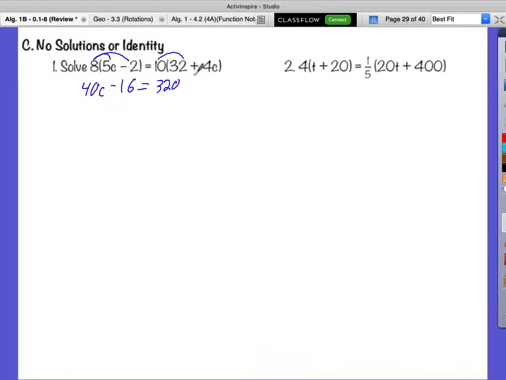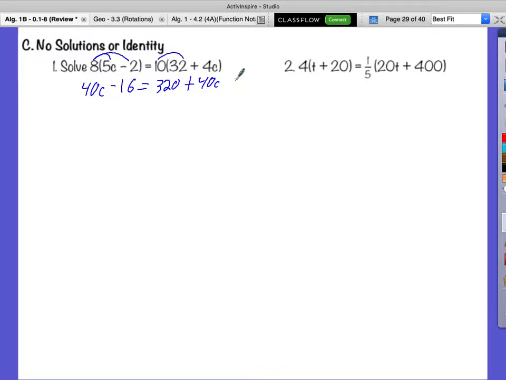Okay. What's 10 times 4c, Brady? 40c. Okay. So now, after we distribute, what's our step, guys? We like to get our variables together. 40c plus 40c.